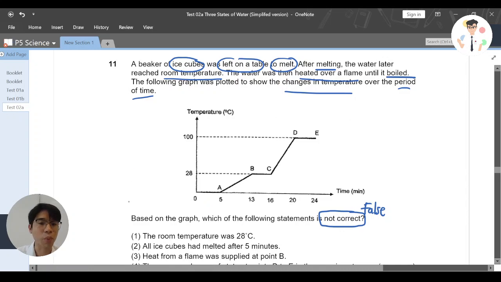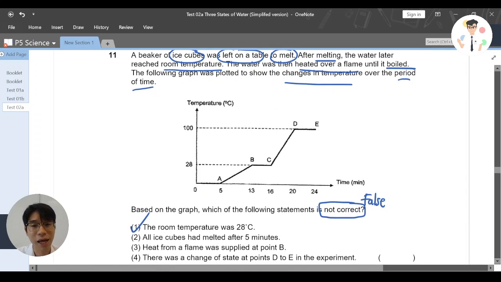So 28 is fair enough for room temperature, so number 1 is correct. Number 2, all ice cubes had melted after 5 minutes. We know that the ice will remain at 0 degrees Celsius, and the temperature only increases when it has fully melted.